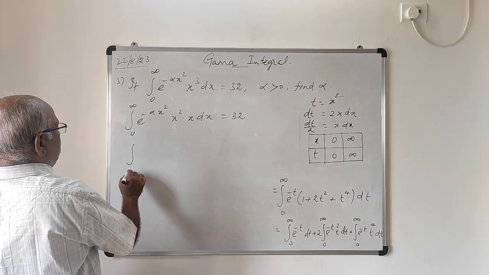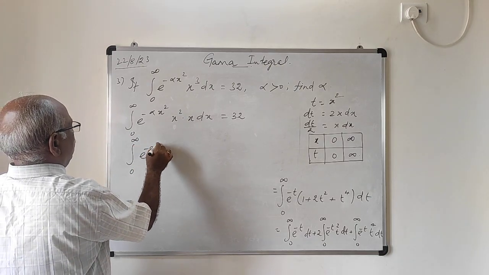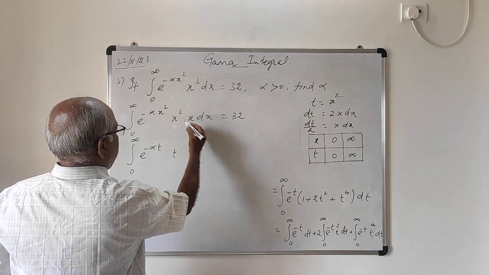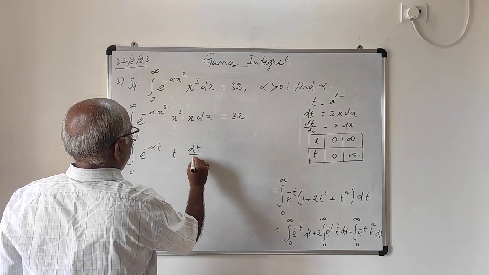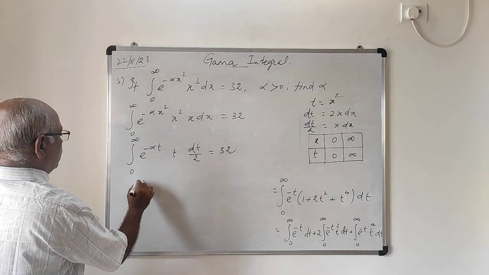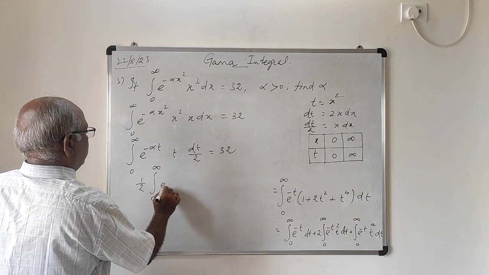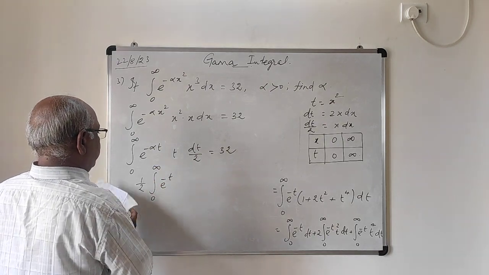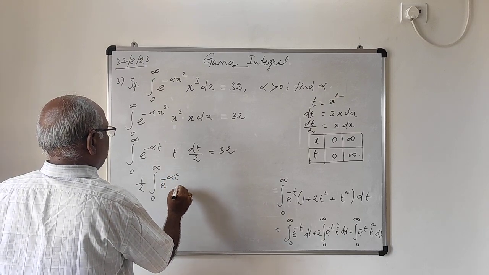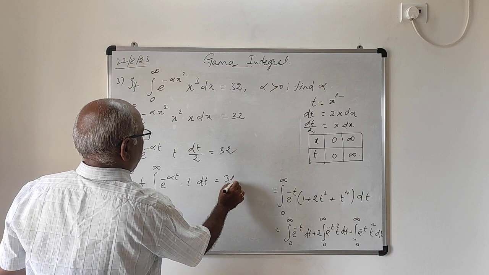Therefore this integral is 0 to infinity e power minus alpha t, with x square as t and x dx as dt by 2, equal to 32. That is 1 by 2 into integral 0 to infinity e power minus alpha t into t dt equal to 32.